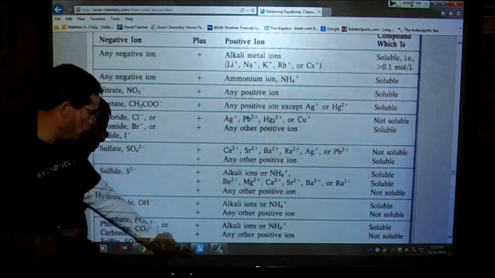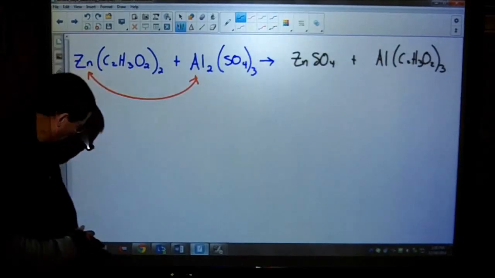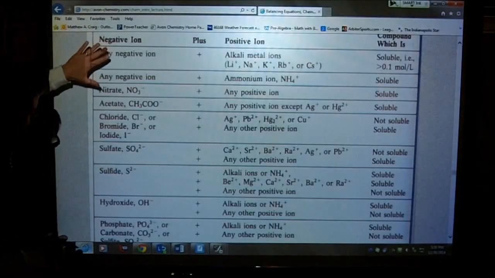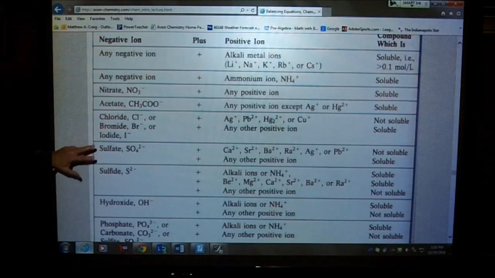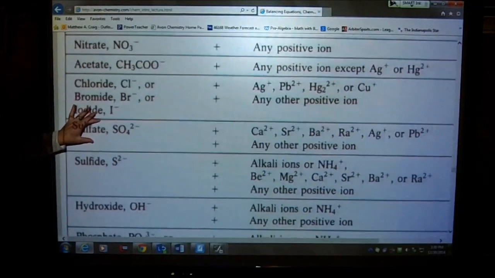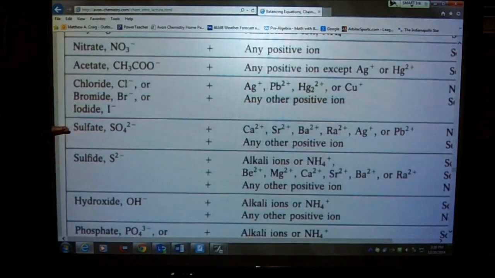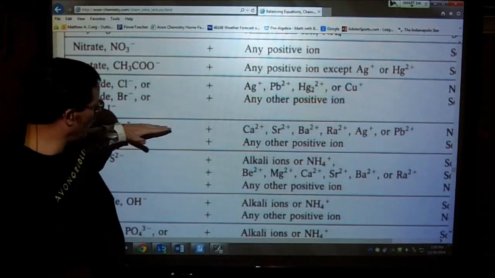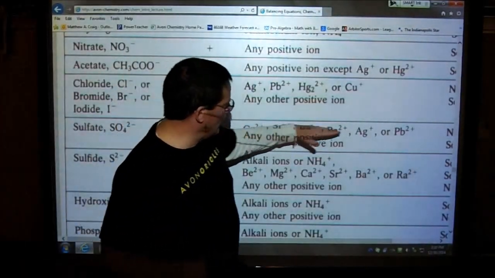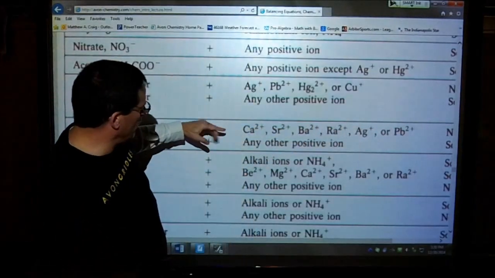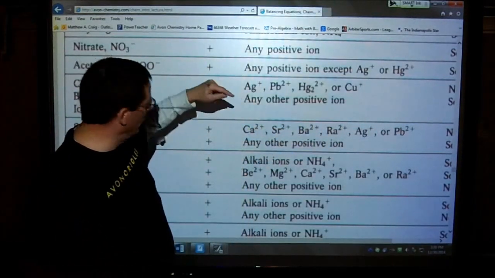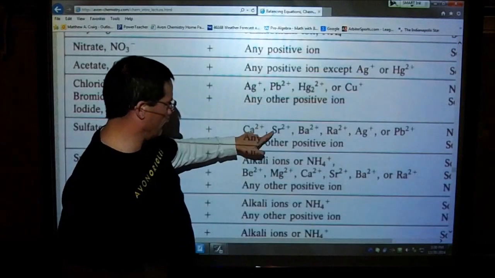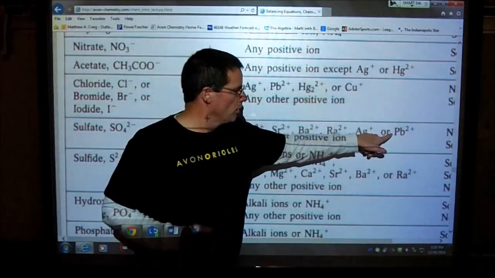So the first example, what was it? Zinc sulfate. So if we look at zinc sulfate, the first thing we want to do is find the sulfate ion, which is right here, and I'm going to blow it up just a little bit. So sulfate is in this row right here. And we want to come across and find anything that is listed here. So we start off with zinc. Is zinc listed as calcium, strontium, barium, radium, silver, lead?